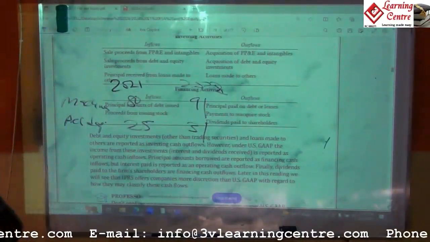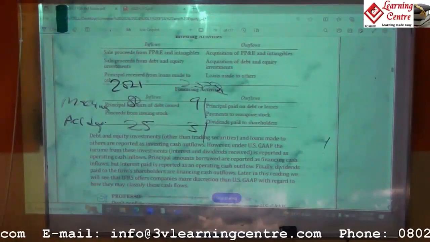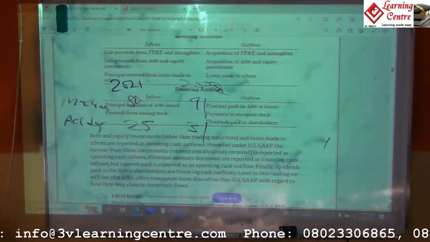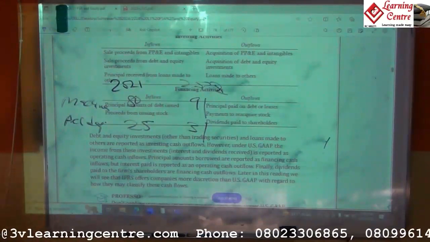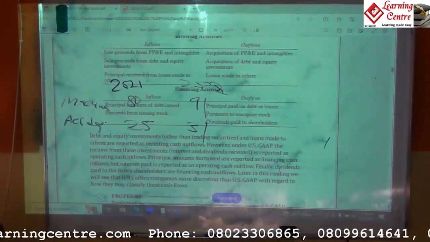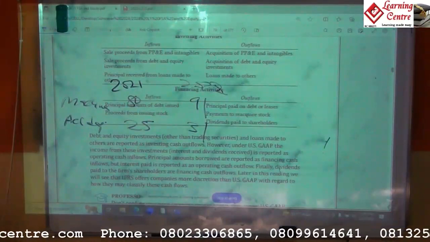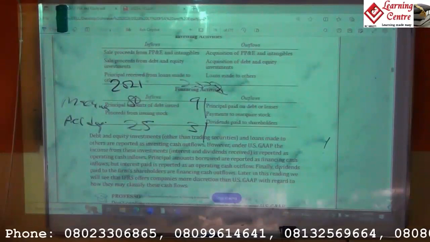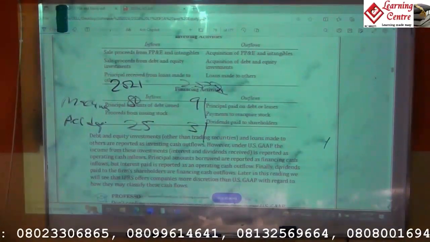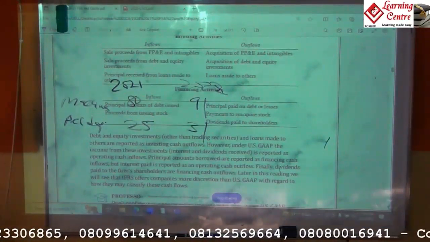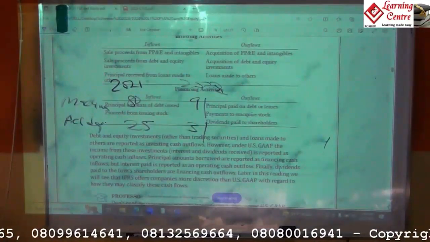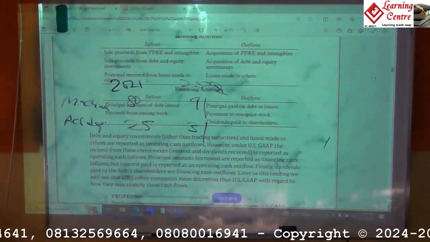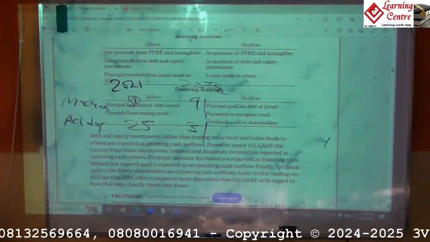The gain on sale of machine is 1.5. The depreciation expense in 2022 is 7, while the capital expenditure is 14.